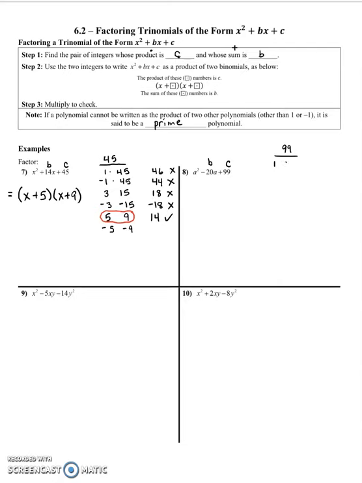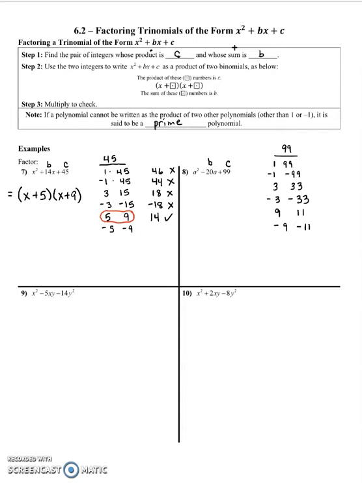Well, that's 1 and 99, -1 and -99, 3 and 33, -3 and -33, 9 and 11, and -9 and -11.